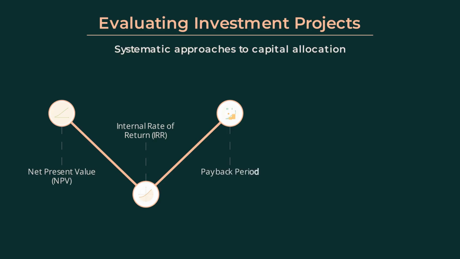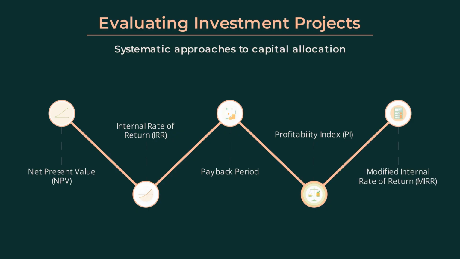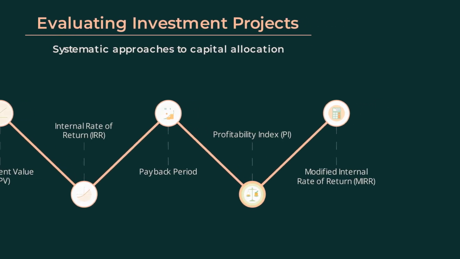The payback period is also important, showing how quickly an investment will generate enough cash to cover its initial cost. We also use the Profitability Index, or PI, to compare the present value of future cash flows to the initial investment. Finally, the Modified Internal Rate of Return, or MIRR, offers a more reliable rate of return for comparing projects.